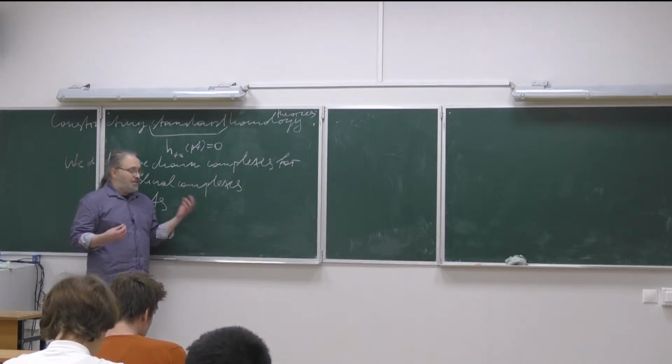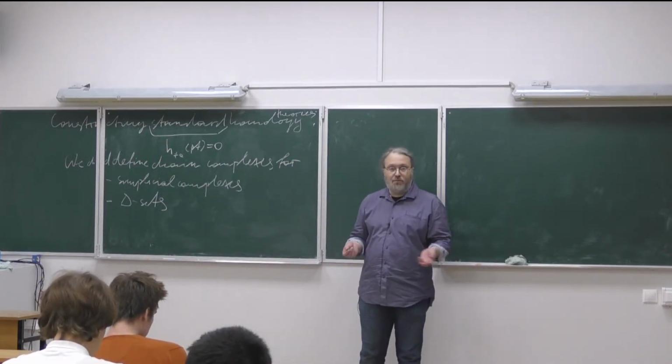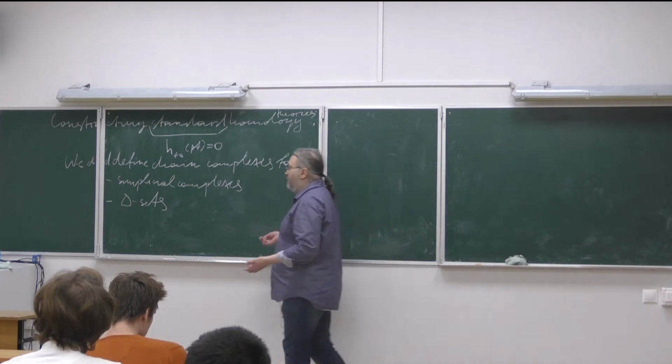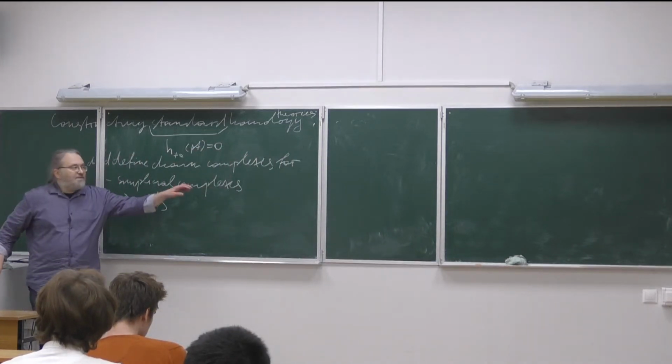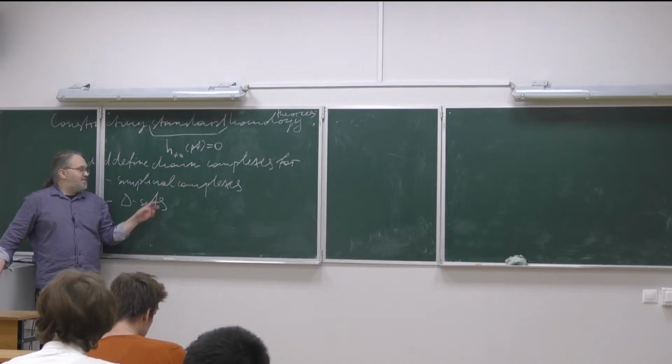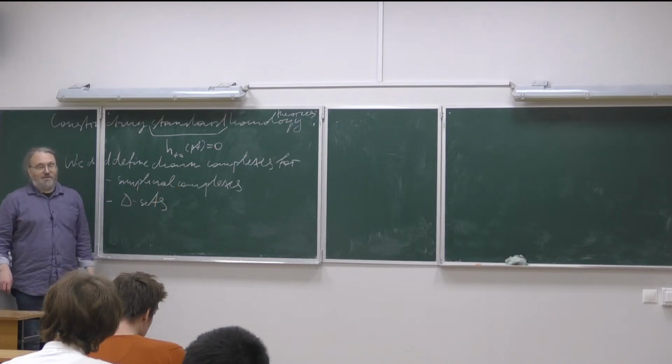Delta sets is a class of spaces which is larger than, actually, as a class of spaces, it's not larger, but let's say it's a class of combinatorial structures which is larger than simplicial complexes.